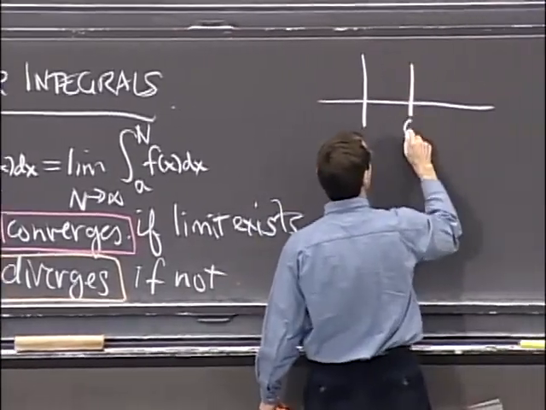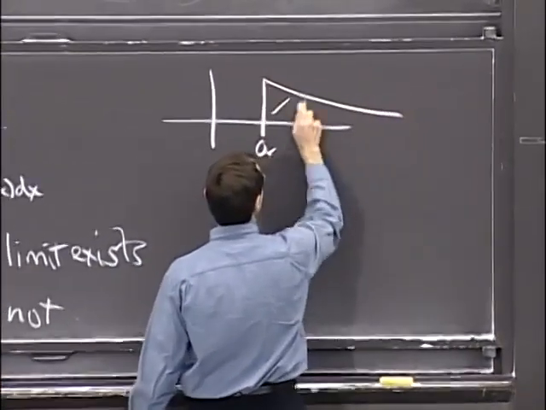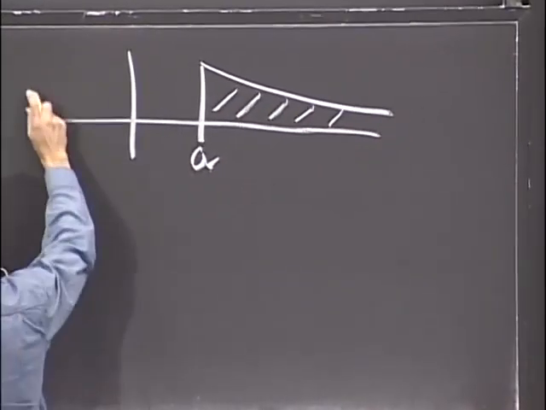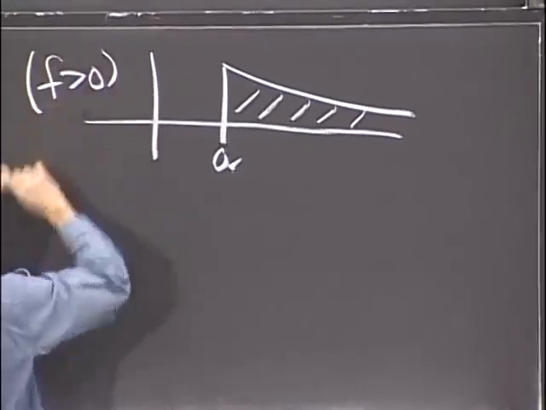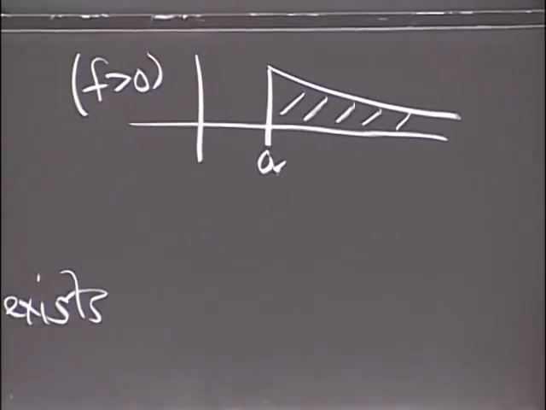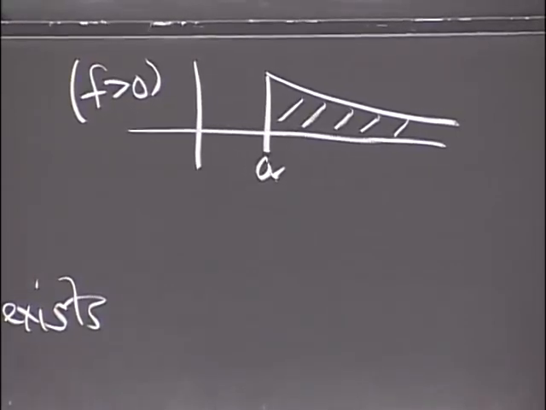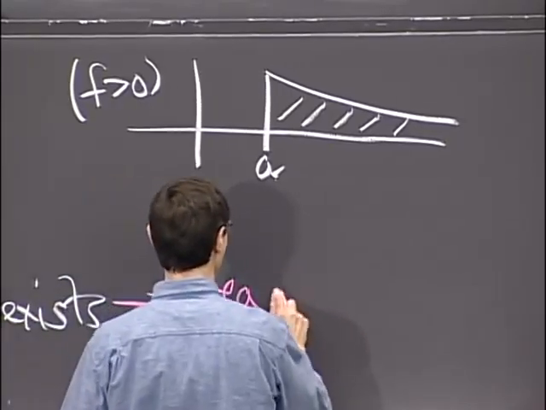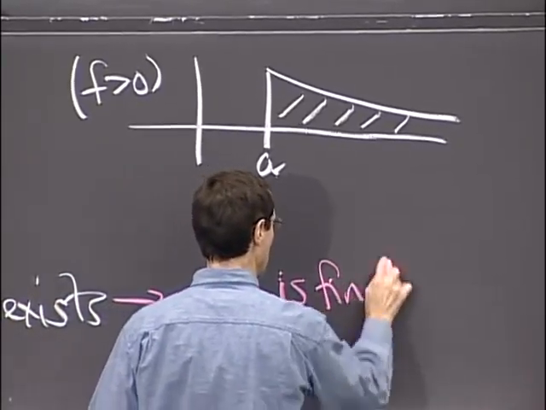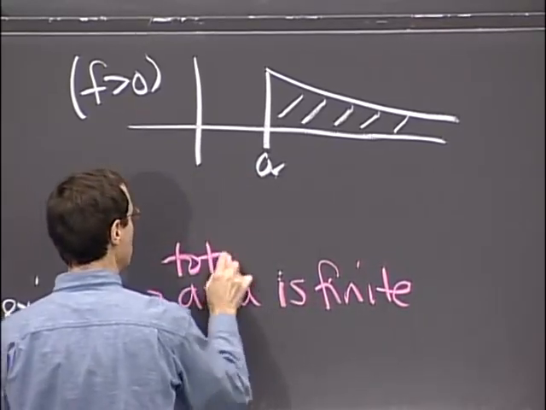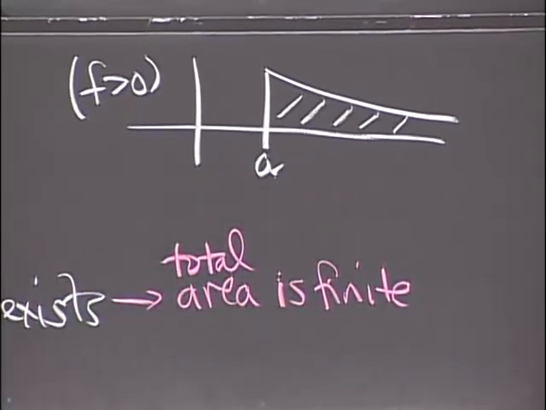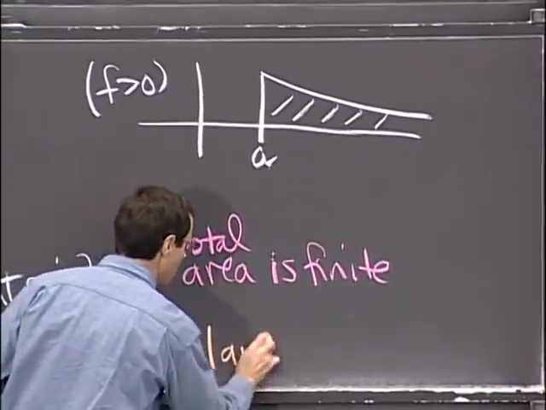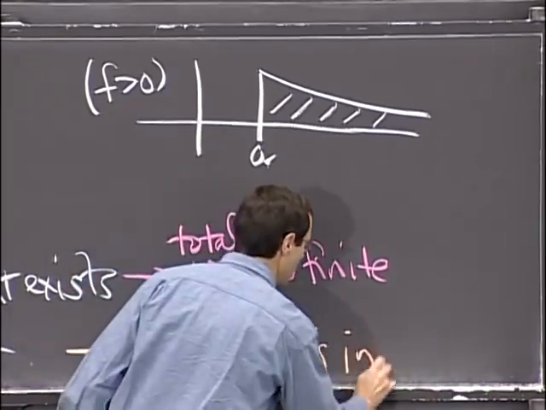Here it's starting out at a, and maybe it's going down like this, and it's interpreting it geometrically. This would only work if f is positive. Then the convergent case is the case where the area is finite. So the total area is finite under this curve. And the other case is the total area is infinite.